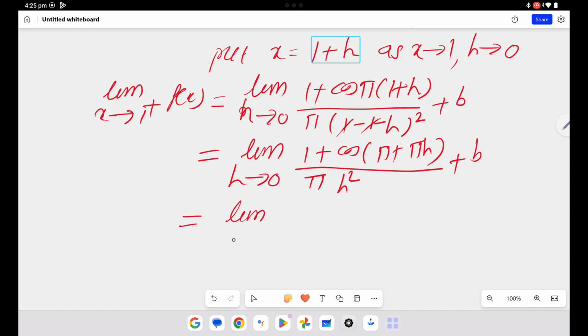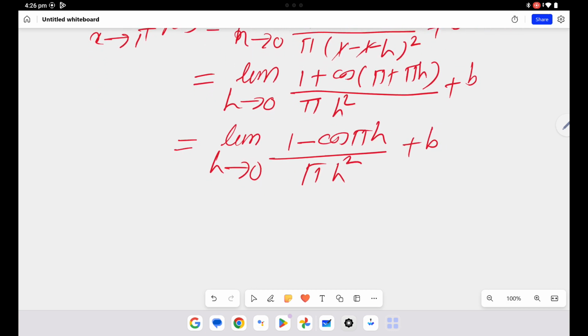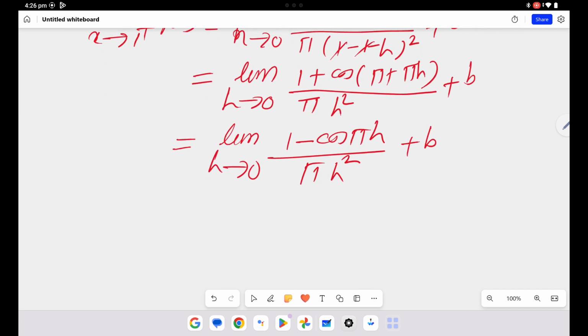Equal to limit h tends to 0 of 1 cos pi plus pi h. We know that cos of pi plus theta is minus cos theta. Similarly here, 1 minus cos pi h upon pi h square plus the constant term b as it is. Next we use the formula 1 minus cos theta.